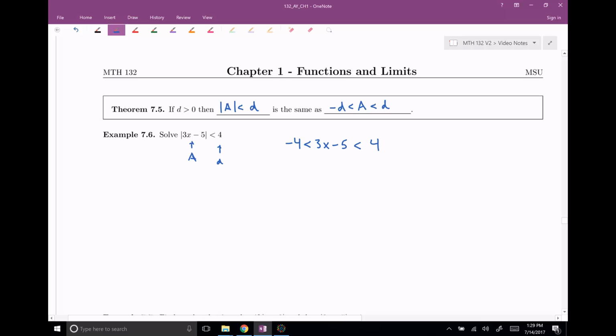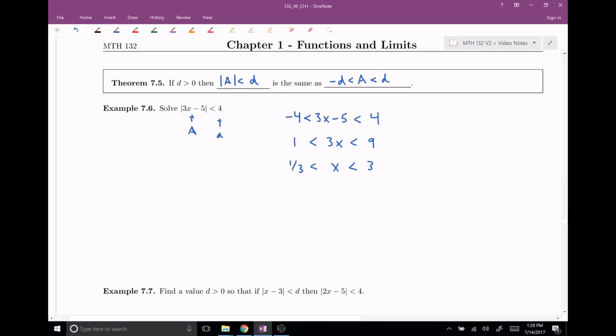Like I said, compound inequalities are a little bit easier to deal with. So I can go ahead and add 5 on all sides, and I can divide by 3 on all sides. And so we can see that the solution to this absolute value inequality is x should be larger than 1/3, but smaller than 3.